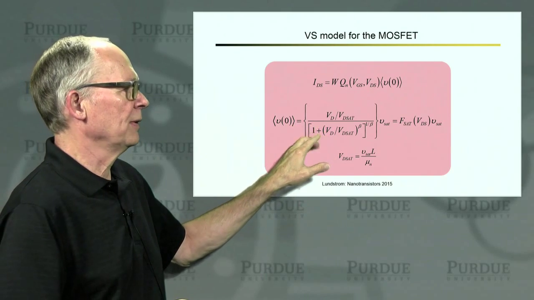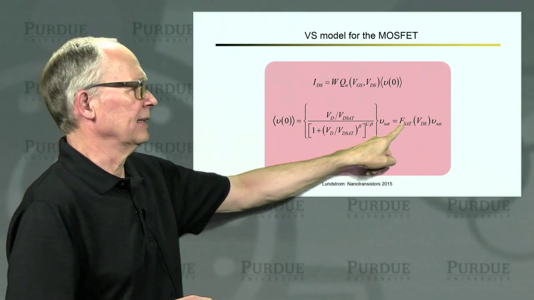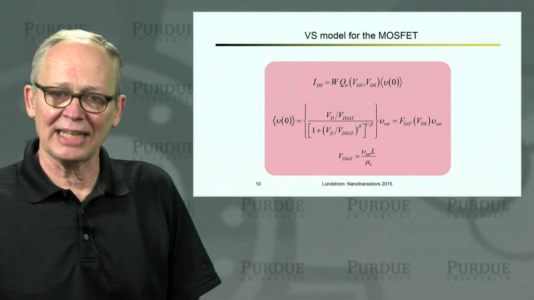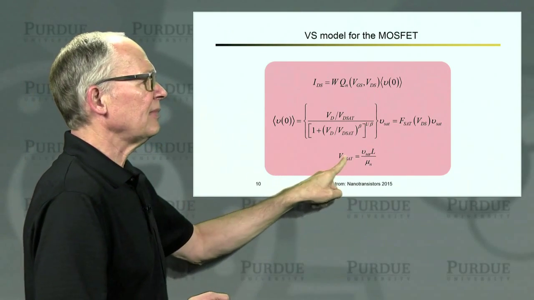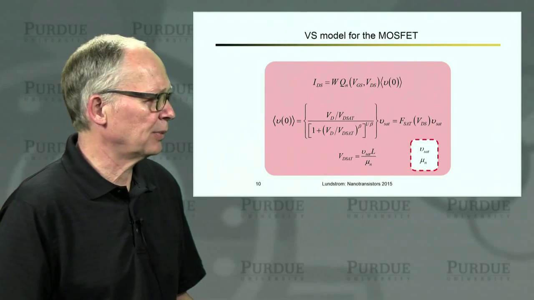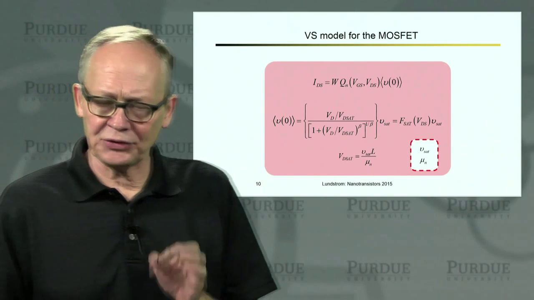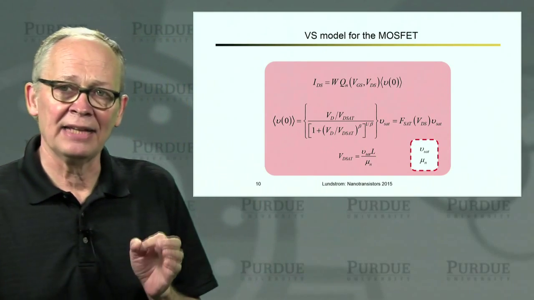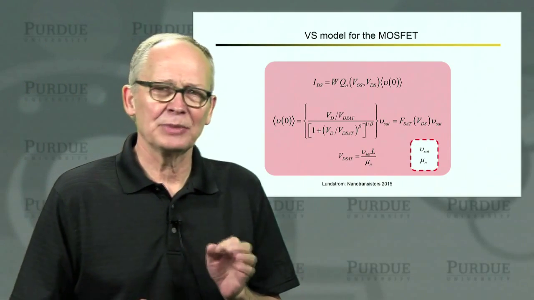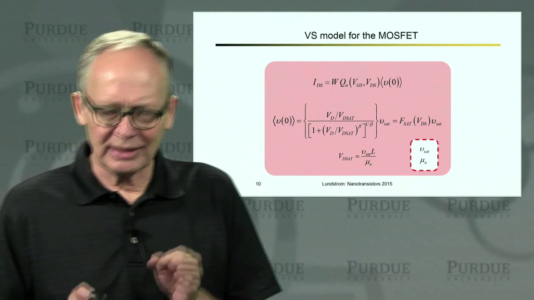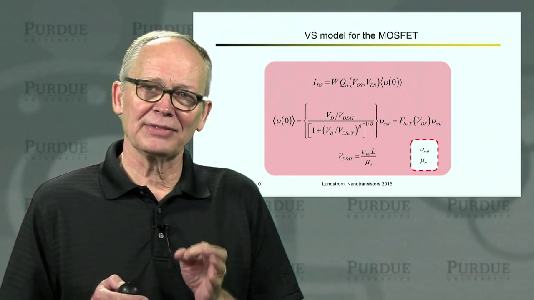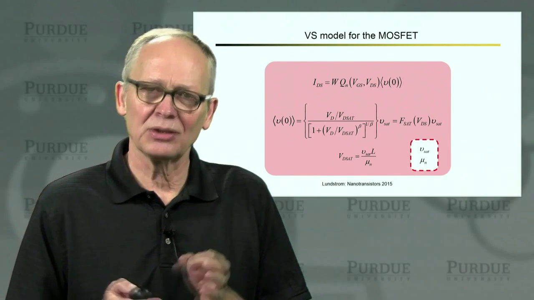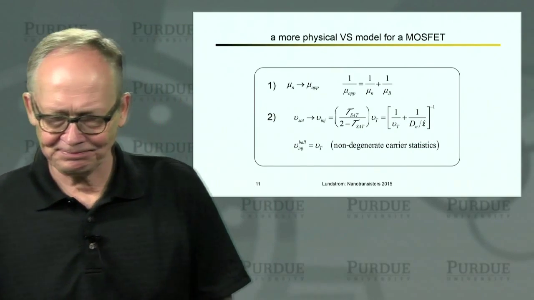We have an expression for the velocity that is some drain saturation function times the high field saturation velocity. VD-sat was given by this expression. The two key physical parameters were this high field saturation velocity and the electron mobility. And as we saw early on, we're very concerned in a nanoscale MOSFET that these two parameters are losing their physical significance, so this doesn't seem quite right.